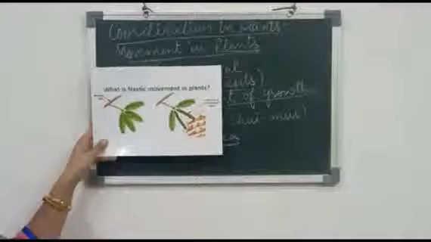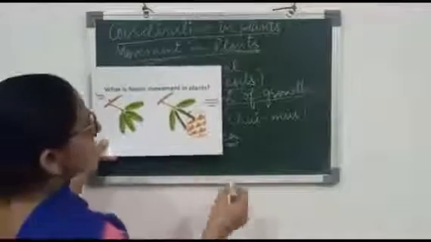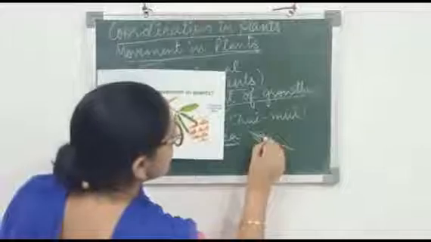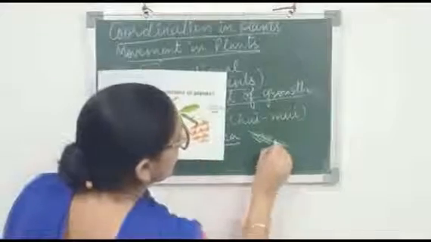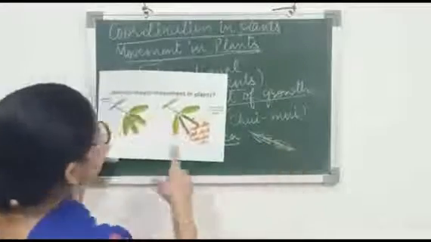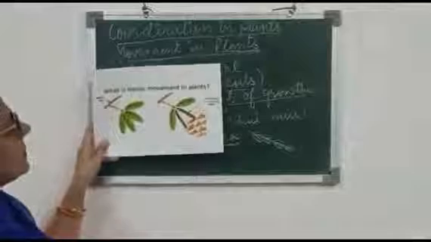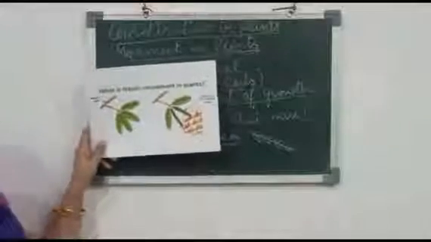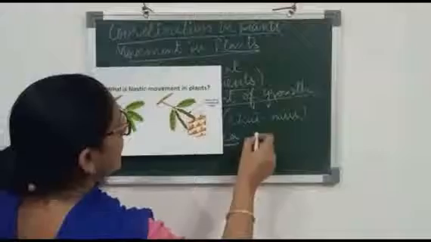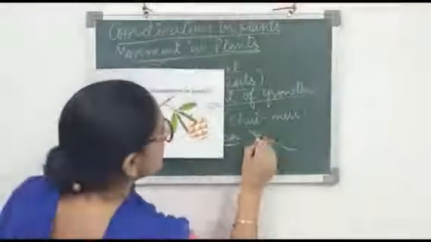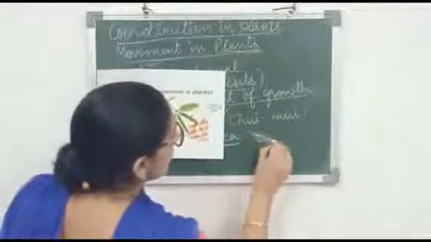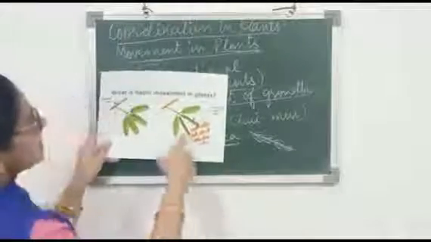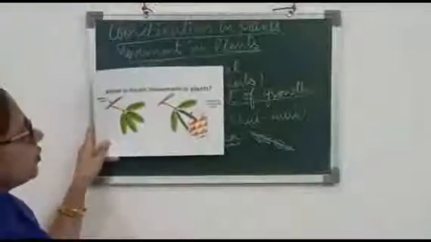So in this case, actually the shape of the leaf is like this. When we touch them, they droop down.